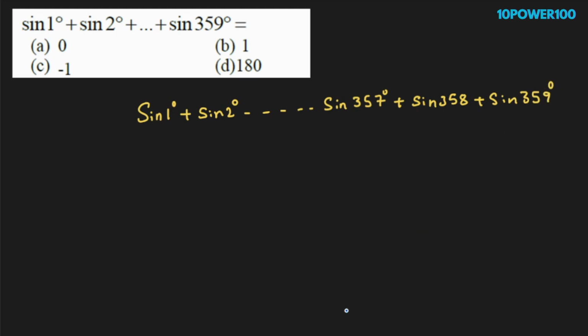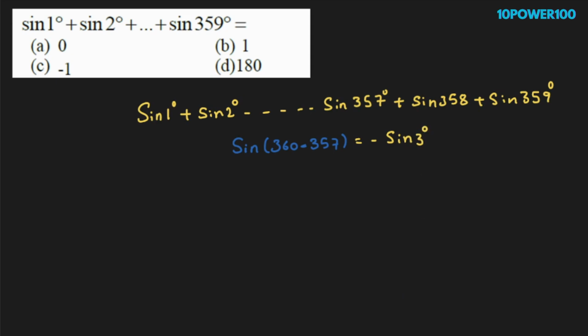Now observe this 357 degree. It comes in the fourth quadrant, and in the fourth quadrant sine is negative, right? So this can be taken as sine of 360 minus 357. 360 minus 357 is nothing but 3 degree, so it is minus sine 3 degree.